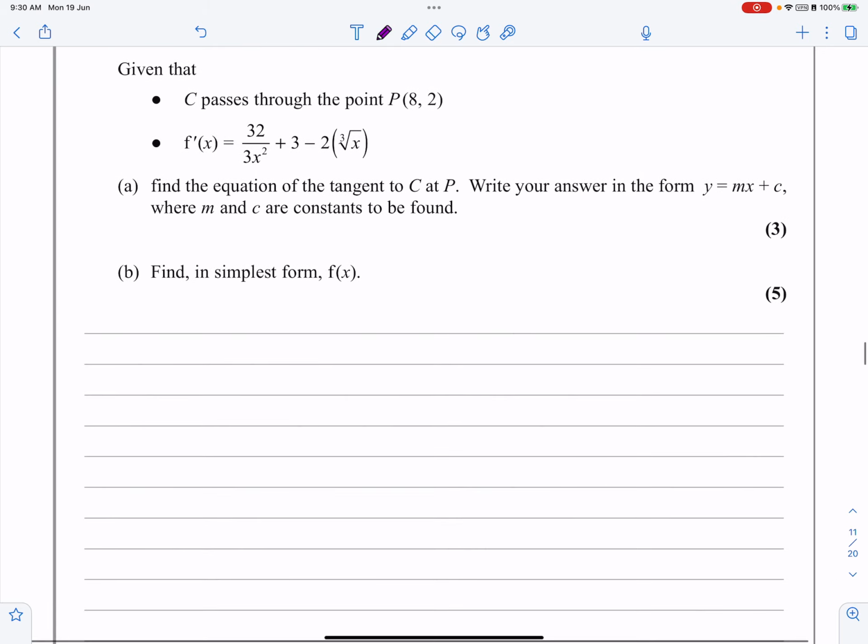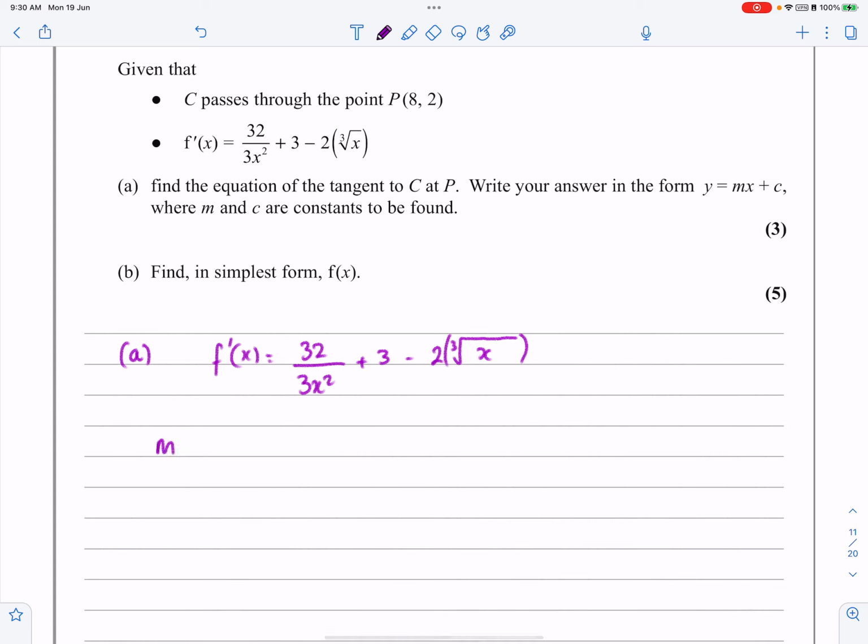So we've got part A. f'(x) is equal to, and then just copy it out, 32 over 3x squared plus 3 minus 2 lots of the cube root of x. Okay, all written down like that.